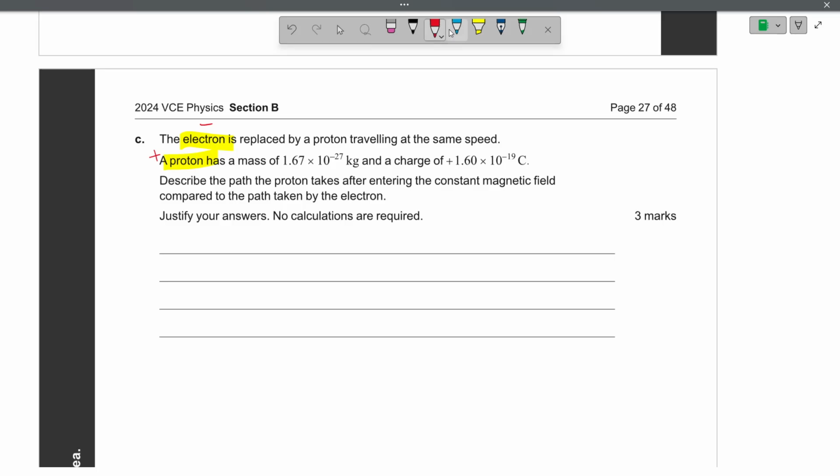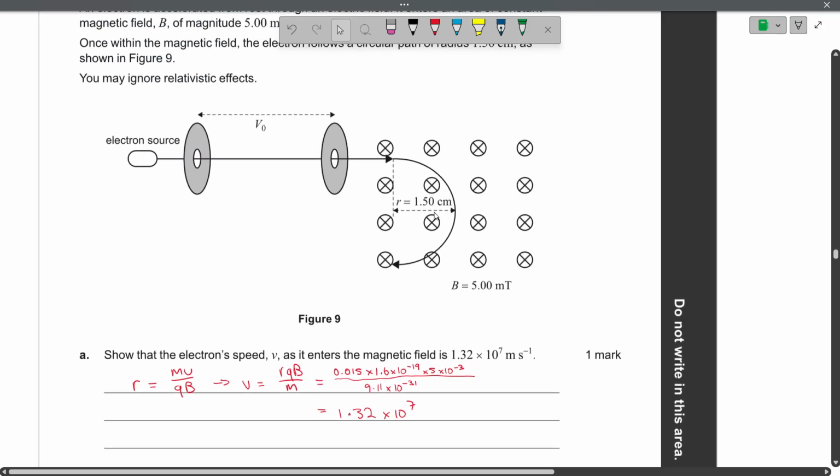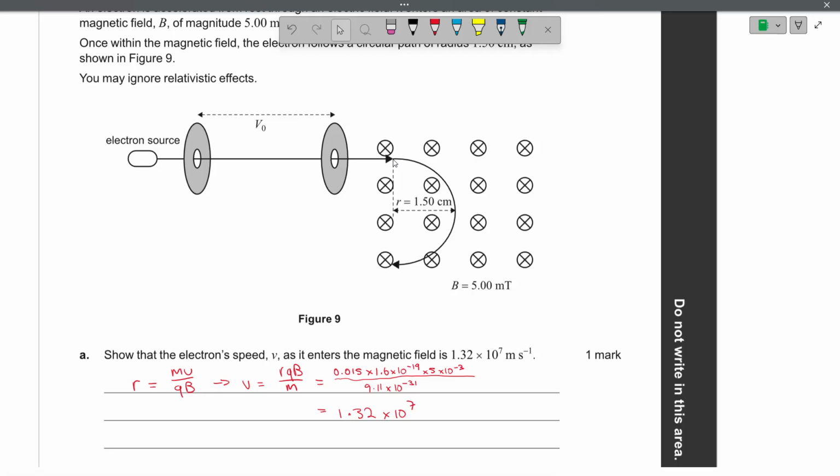Now, think of what's happening to the electron in this field. Why is it going in this clockwise path? That is due to the magnetic force, and you can use your slap rule to determine the direction of that force throughout this journey. With electrons, I like to use my left hand because they're negatively charged. Negative charges use left hand, positive charges use right hand.